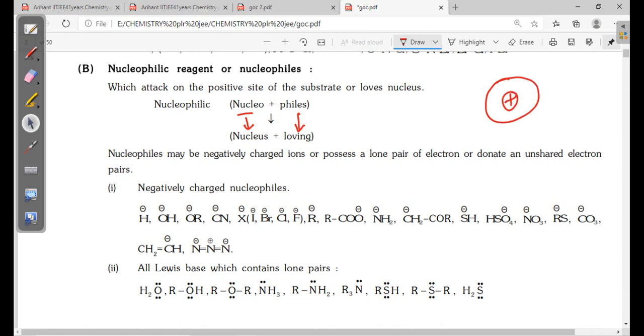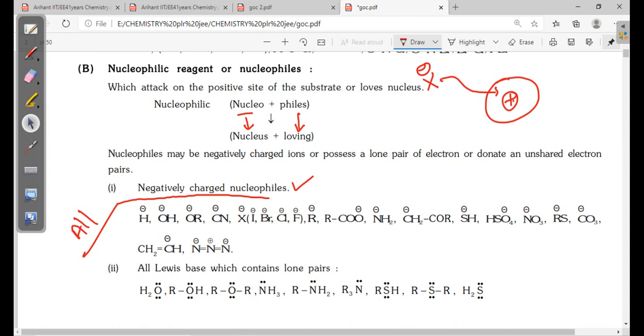If it is attracting the positive charge, it should be negatively charged. So I can say that all negatively charged particles are known as nucleophiles. You can see examples: H minus, OH minus, OR minus, all these negatively charged particles.